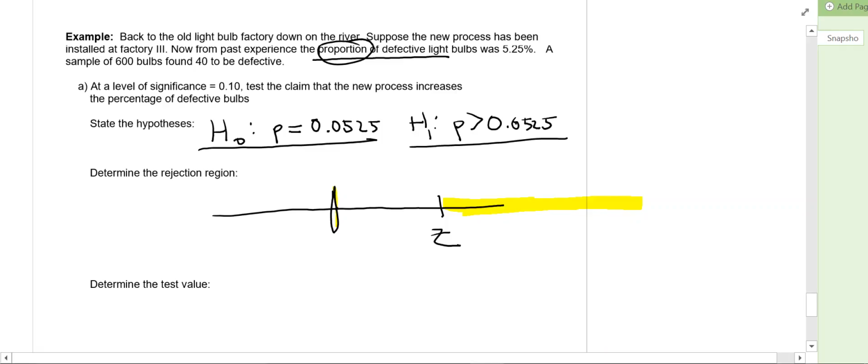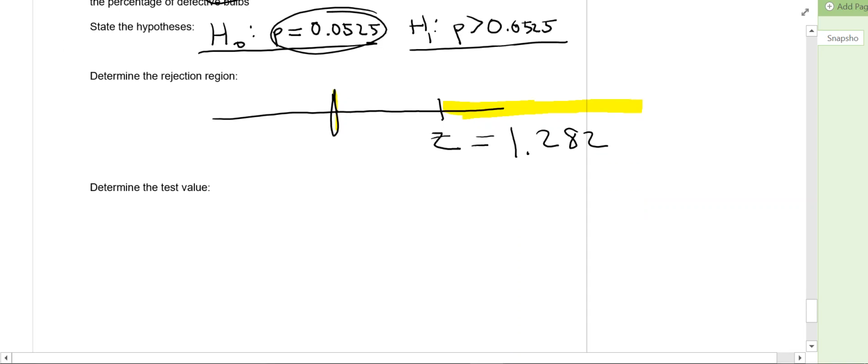Which is 0.0525, right? Now, I'm working with a z-score. The level of significance is 0.10. If you look up this z-score, you should find a value of 1.282.